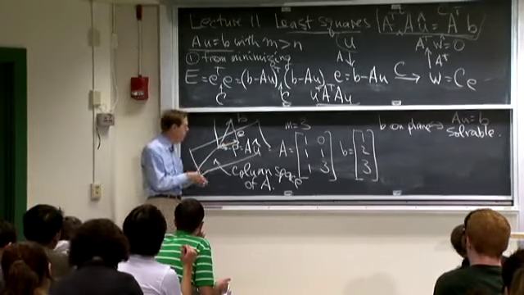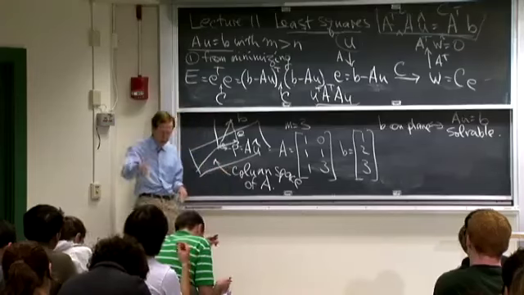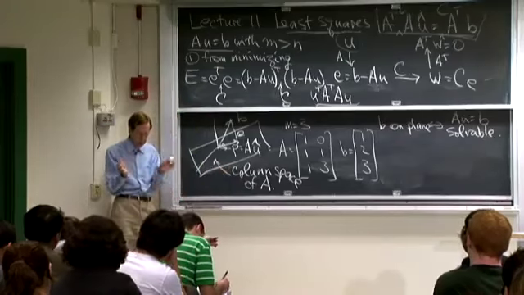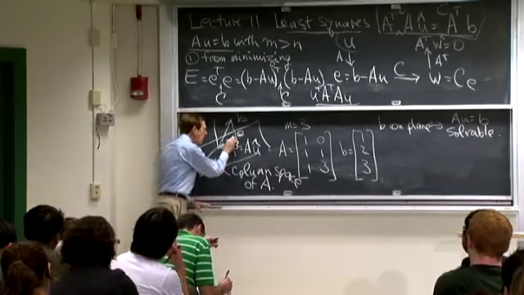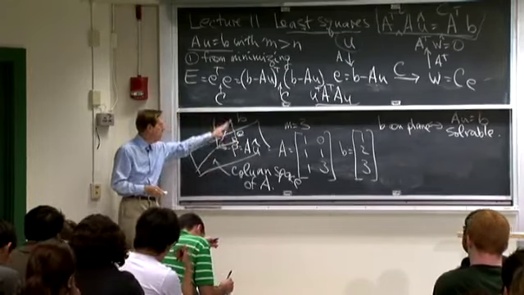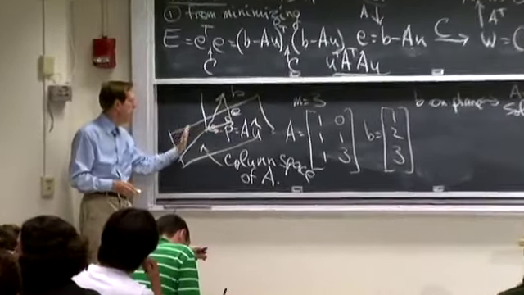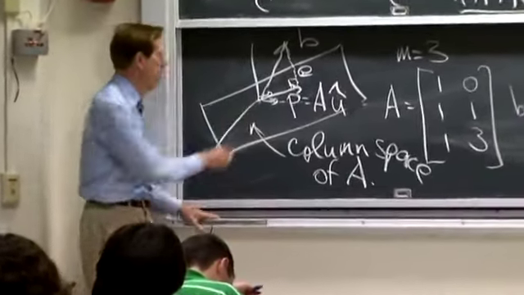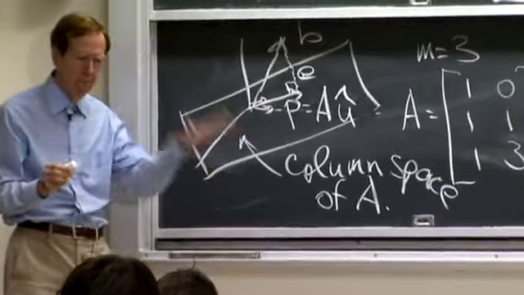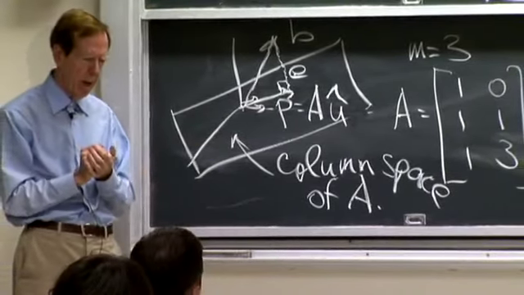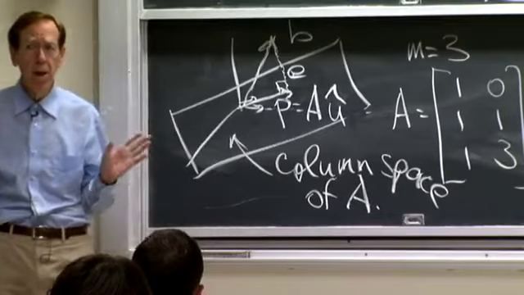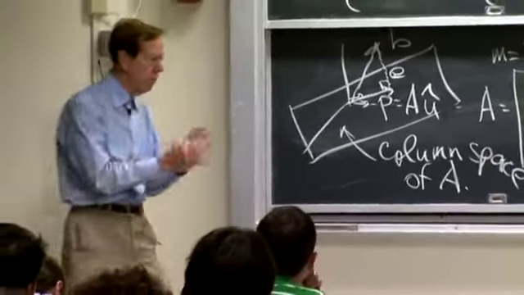If I'm looking for the closest point, everybody knows that's what projection involves. Go perpendicular. This is a right angle. That E is perpendicular to the whole plane. Not only perpendicular to P, it's perpendicular to everybody in that plane, right? I'm dropping the perpendicular to the plane.